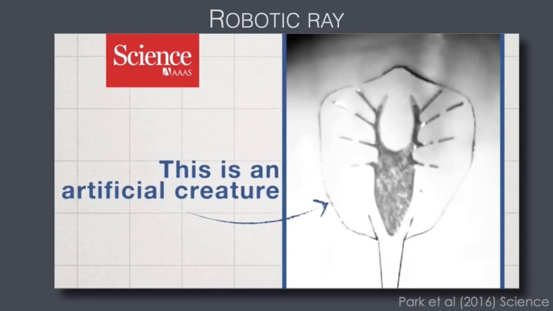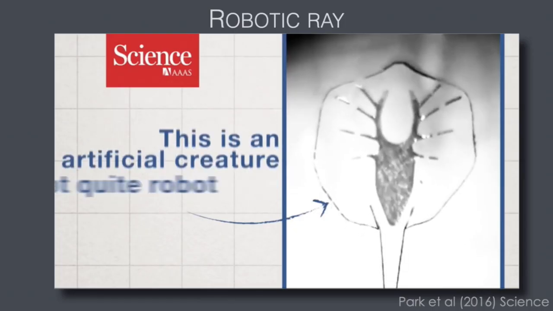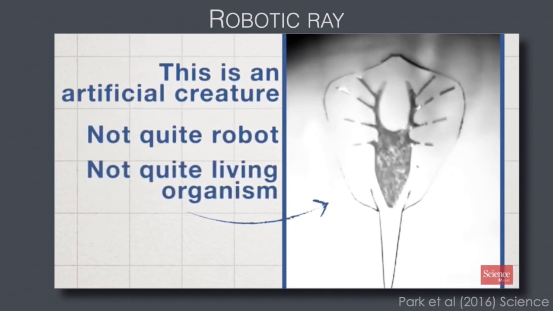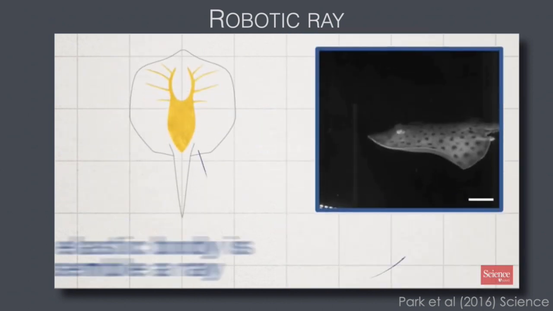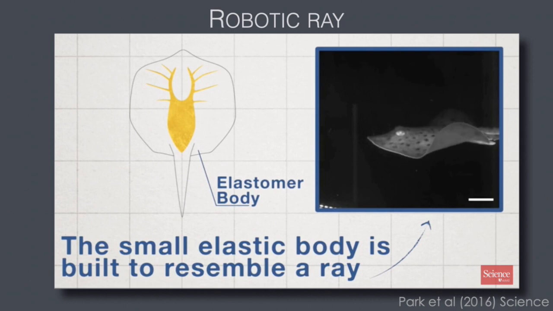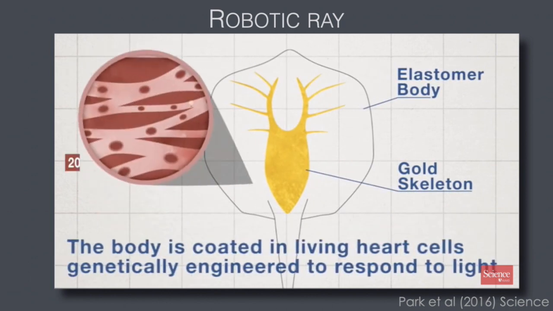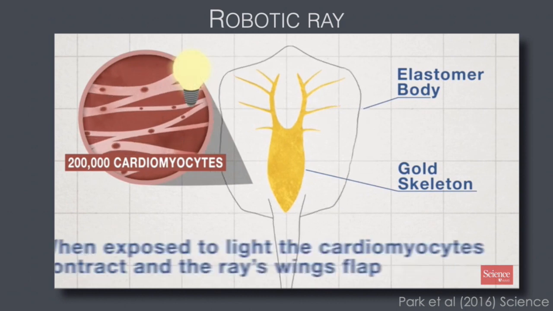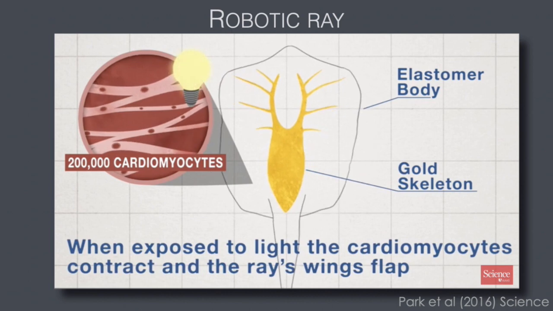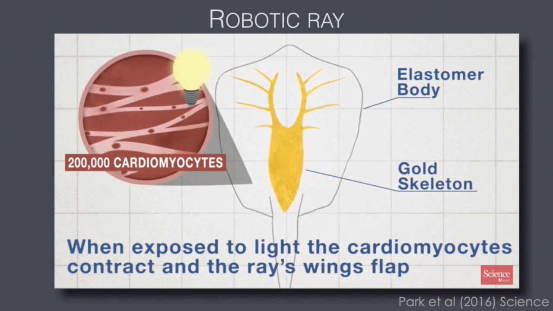Here we have an example of a little robot that was generated. Apparently not quite a robot, but it's inspired by a stingray or a skate, with this undulatory swimming pattern. These are very small little devices that they've infused with cardiac muscles, and they are capable of activating those cardiac muscles by exposure to light.